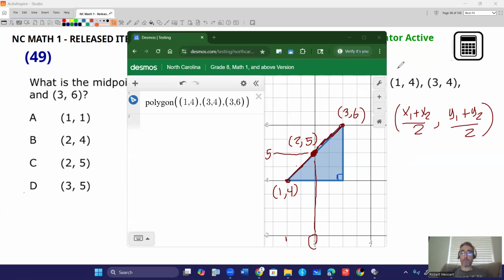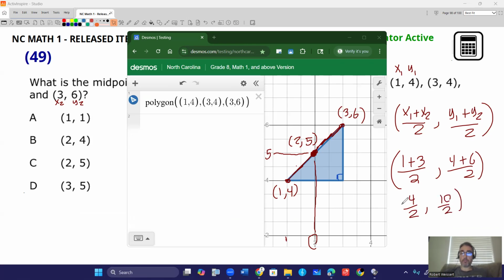If I call 1 and 4 X1 and Y1, and I call 3 and 6 X2 and Y2, since those are the endpoints on my longest side, I can say 1 plus 3 divided by 2, and 4 plus 6 divided by 2, which is 4 divided by 2 and 10 divided by 2. Dividing both of those by 2 gives me (2, 5), which I got visually, but now you know how to do this using the midpoint formula.